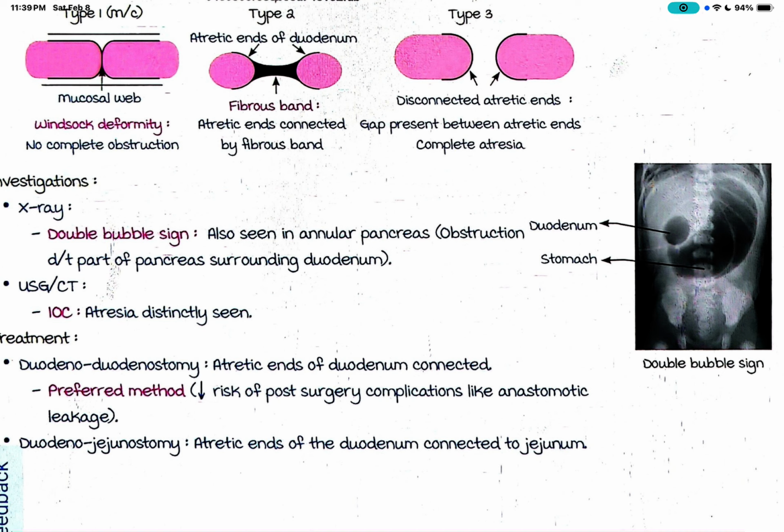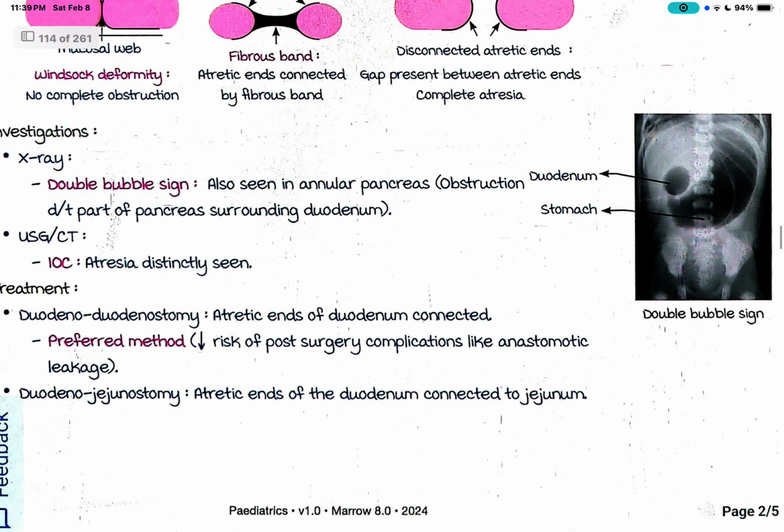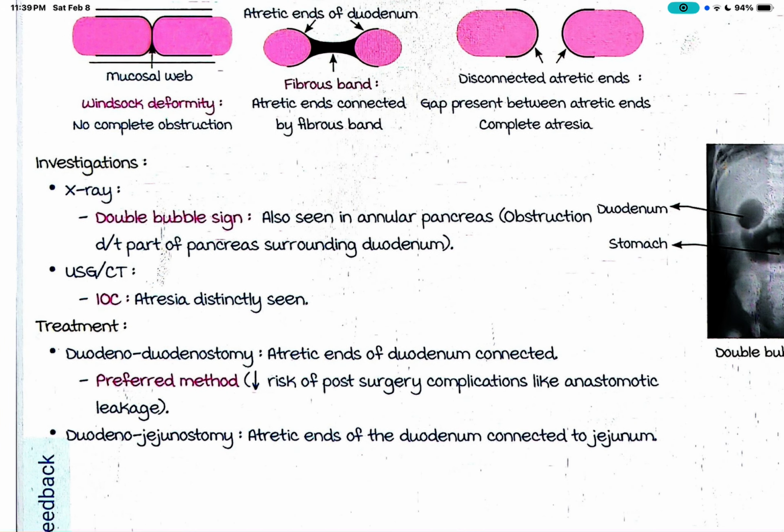So this is the stomach, this is the duodenum, and this is the double bubble sign. Ultrasound or CT scan is the investigation of choice, as the atresia is distinctly seen.